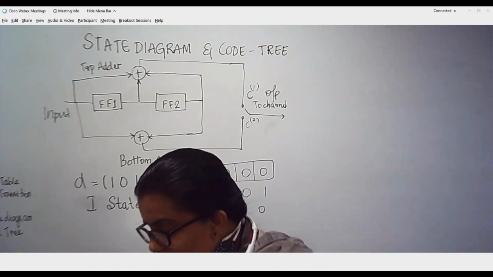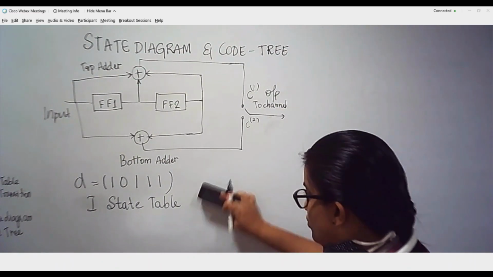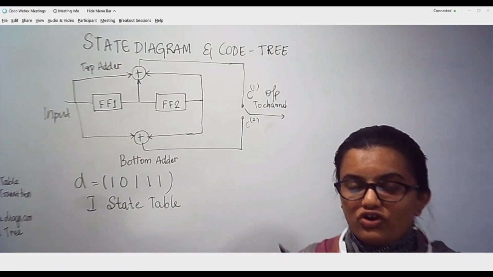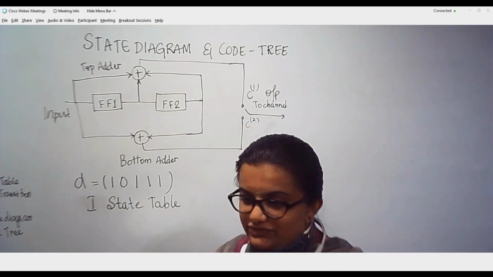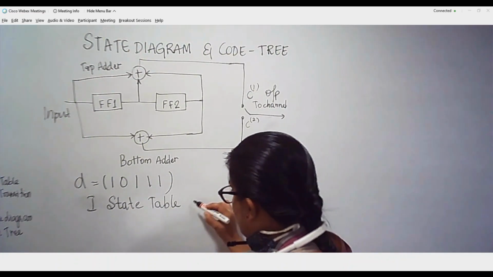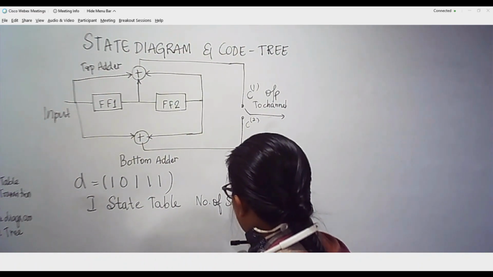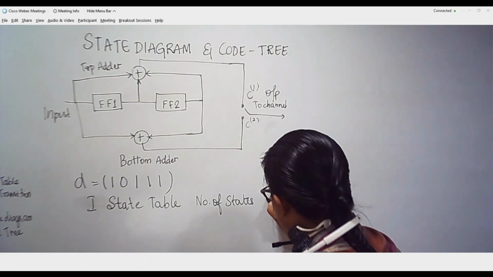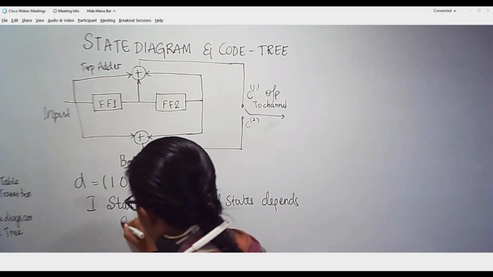That means the state of a particular sequential circuit in this convolution encoder is obtained from the number of possible combinations that can sit inside this shift register. So the number of possible states depends on the number of memory elements.